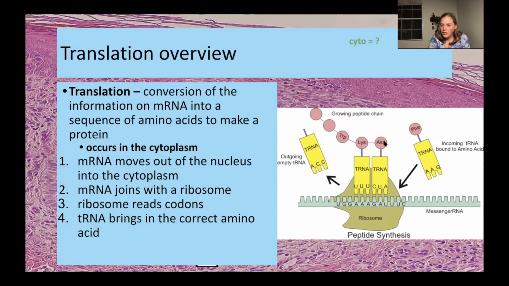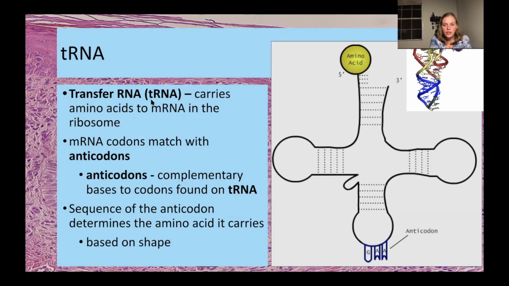Now keep in mind, we read the mRNA sequence when we use a codon chart, but the anticodon is how this is going to determine the amino acid sequence by base pairing. tRNAs, or transfer RNAs, are going to carry amino acids to that mRNA sequence in the ribosome.